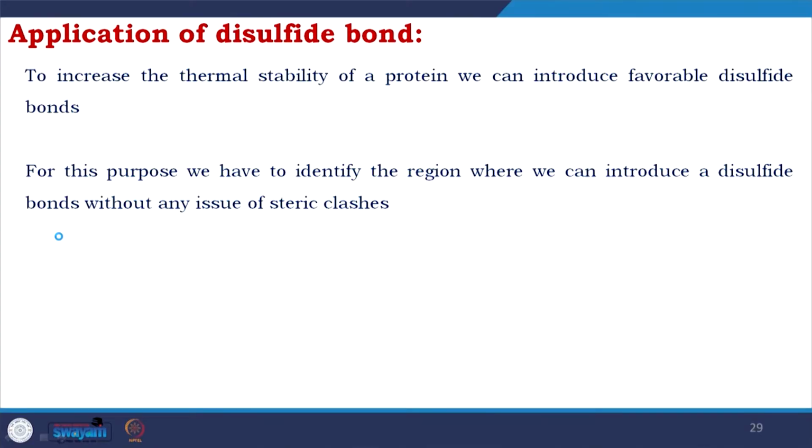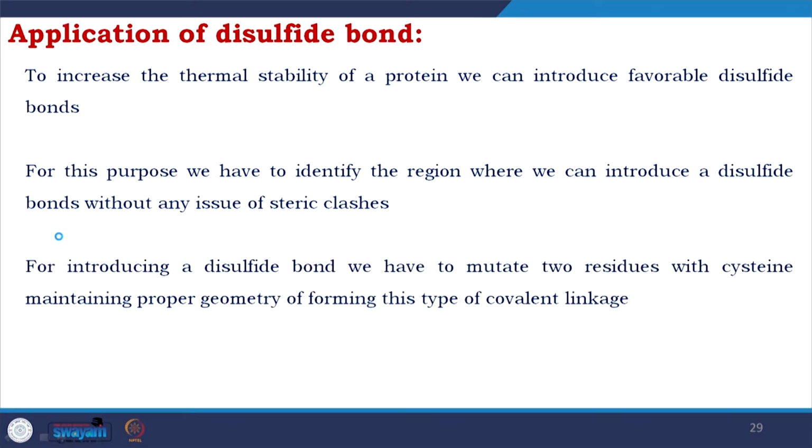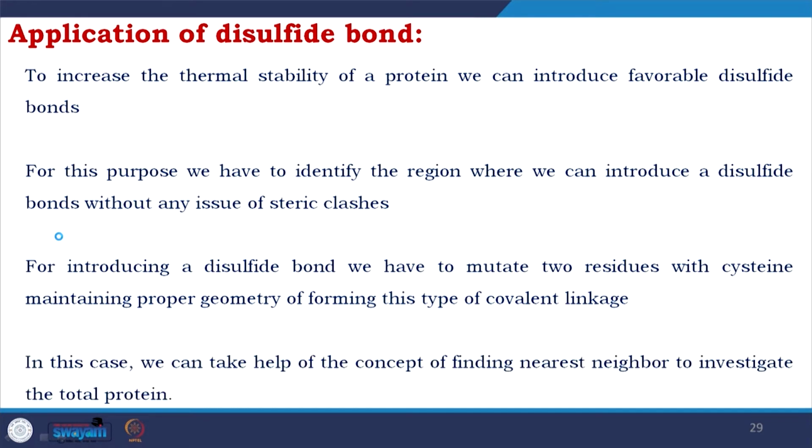When you have a protein, you want to make it thermostable, you could have approximated or strategized introduction of two sulfur or two cysteine, so that they could form a disulfide bond. For this purpose, we have to identify the region where we can introduce a disulfide bond without any issue of steric clashes. For introducing a disulfide bond, we have to mutate two residues to cysteine, maintaining proper geometry of forming this type of covalent linkage.